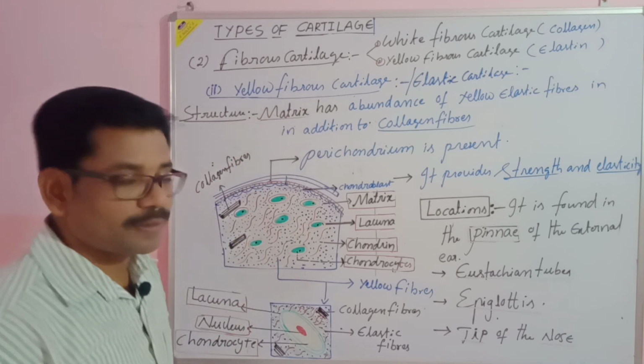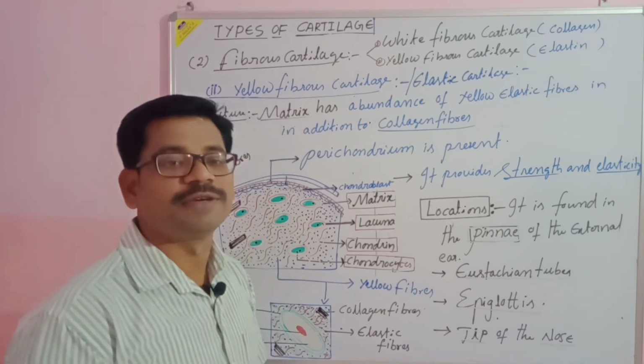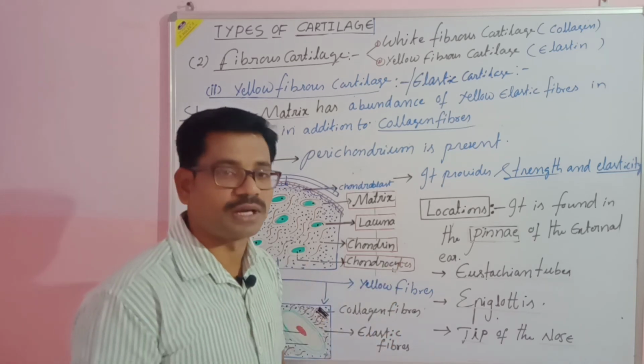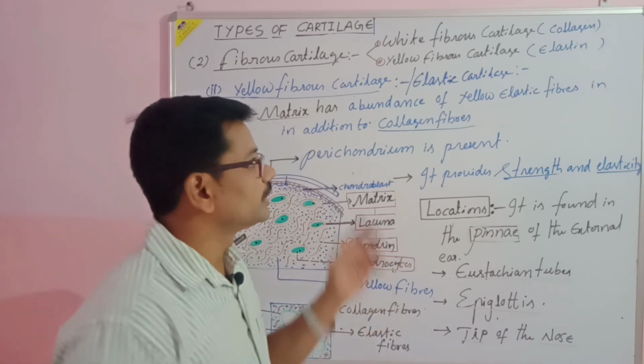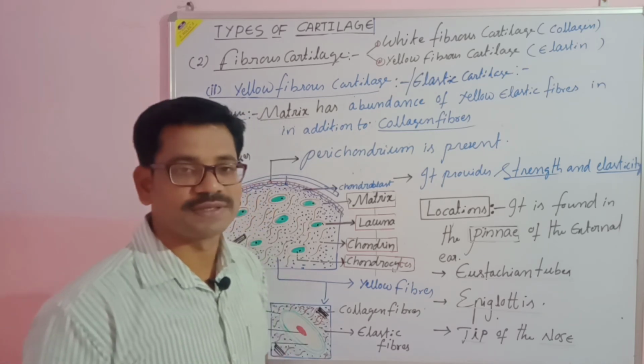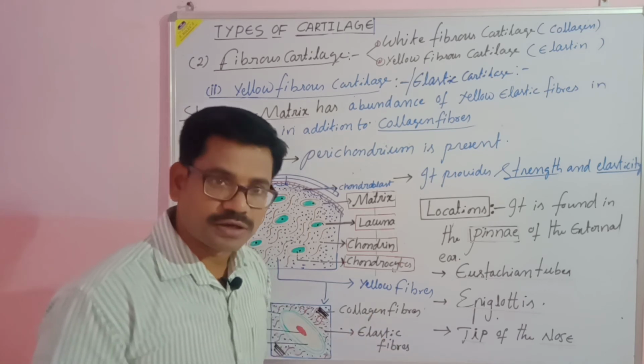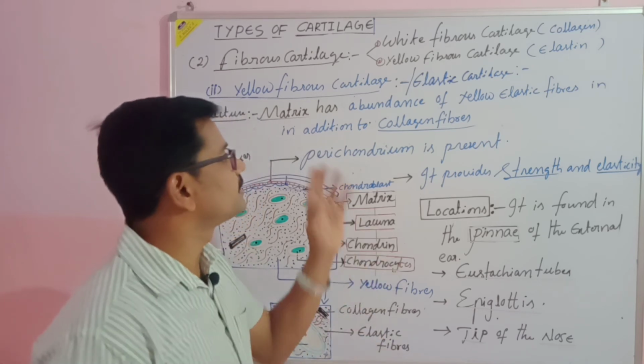White fibrous cartilage is present mostly in the pubic symphysis of the pelvic region. That means the pelvic bones are connected by white fibrous cartilage called the pubic symphysis. At the same time, it is in the intervertebral discs of the vertebral column, right? Those are the regions.